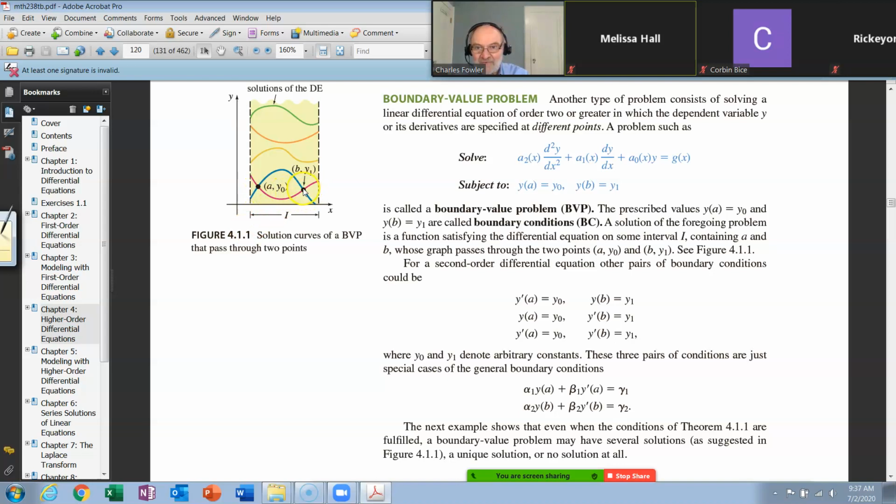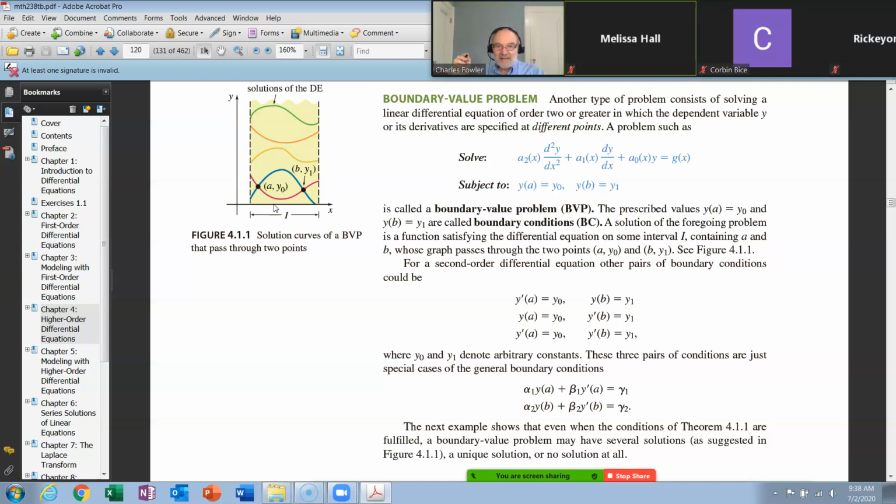Here's another that at x equal b is y1. See, those are completely different functions. So you do not have a unique solution. There's one, there's another. And if you happen to have some other one that also fit that differential equation, you might have, I want to say an infinite number, but you can have more than one. And if you have more than one, not a unique solution.